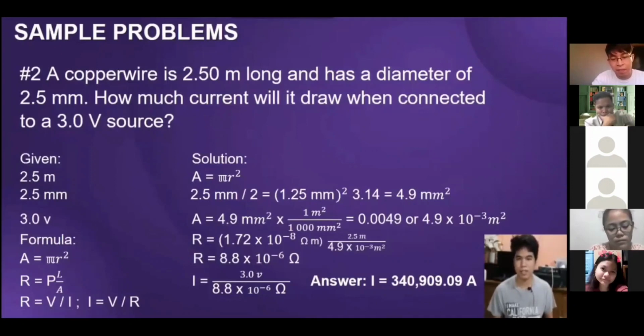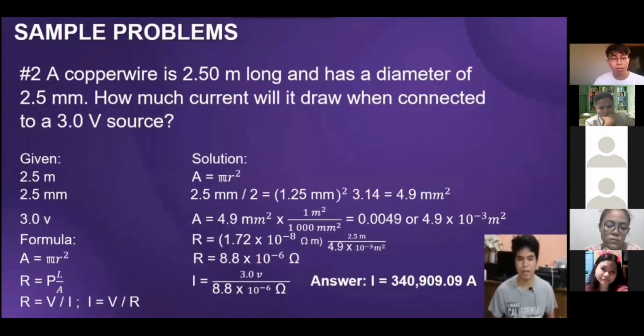So, proceeding to the formula ng resistance, ang rho ay may uniform value na 1.72 times 10 raised to negative 8 ohm-meters. Ang rho, ibig sabihin nun, resistivity. At ang copper wire ay merong uniform na value nito.